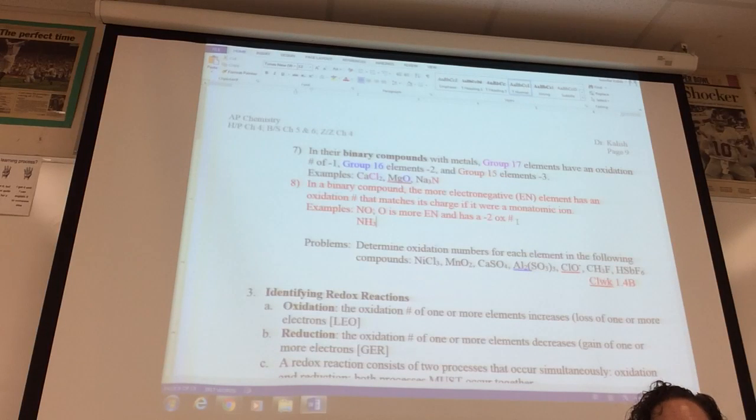So what's the N? -3, because there's 3 H's. So the N is more electronegative and has a -3 oxidation number. Keep in mind as well that the H is +1 because you don't have a hydride.